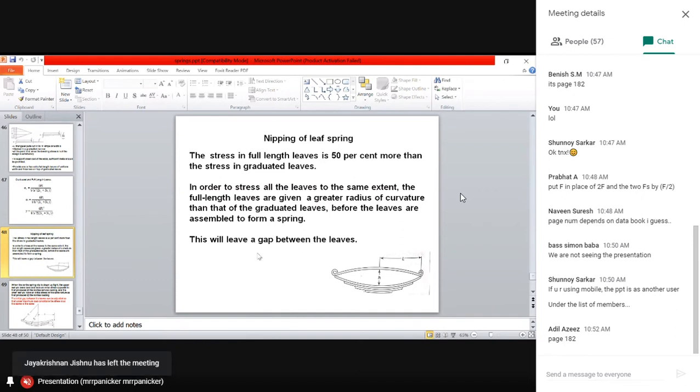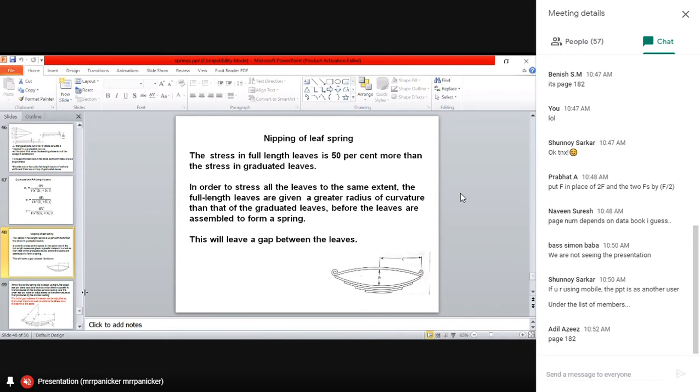If you want to have the same stress, we have already seen that when the force is applied, the stress in the full length leaves is more than the stress in the graduated leaves. But we want to have same stress.